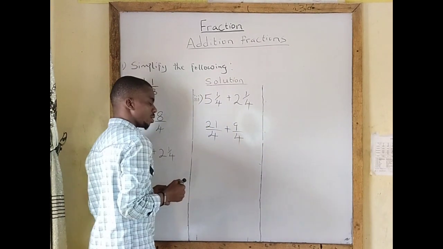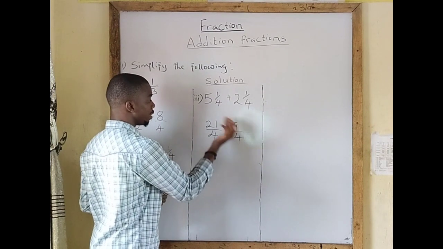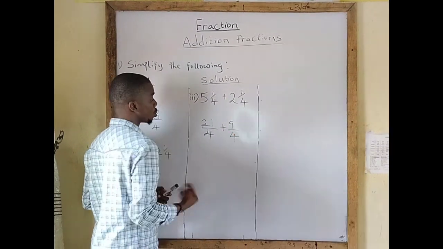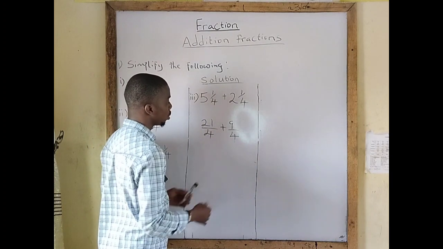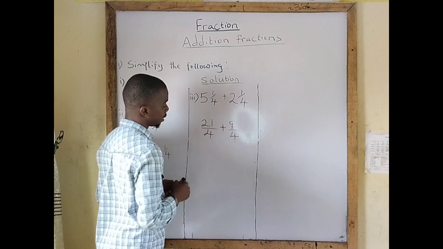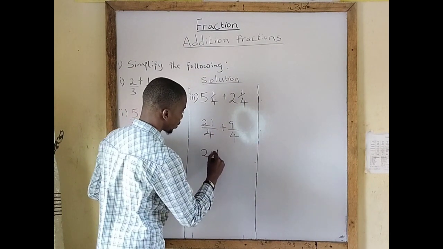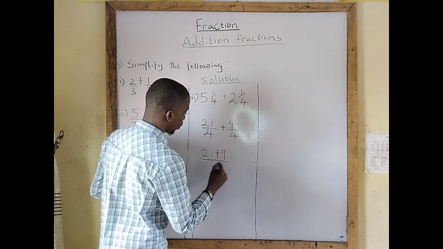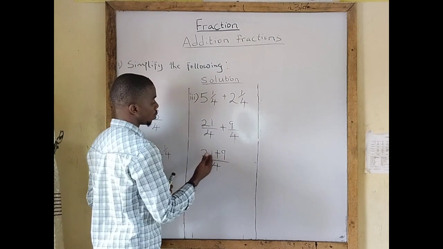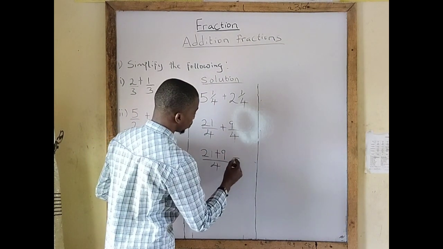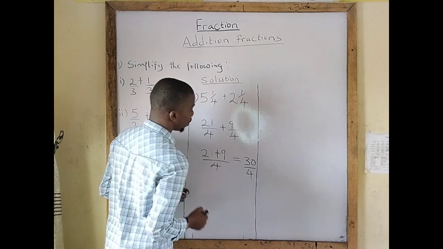All right, there's no point multiplying the fractions by their opposite denominators. There's no need, because the denominators are equal. So you just directly take it to a single denominator and add the numerators. So we have 21 plus 9 all over 4, and 21 plus 9 is equal to 30 all over 4.